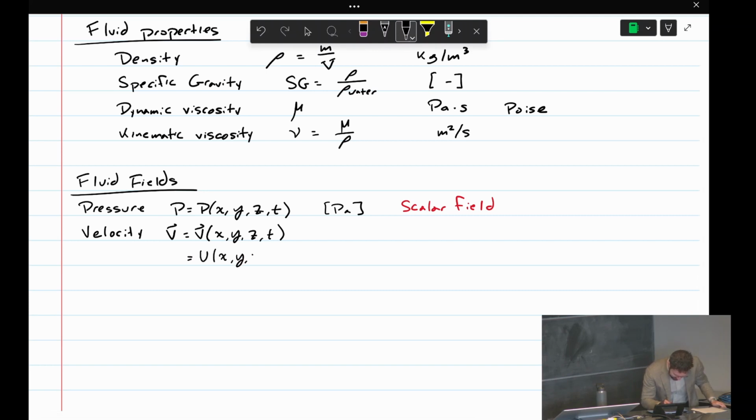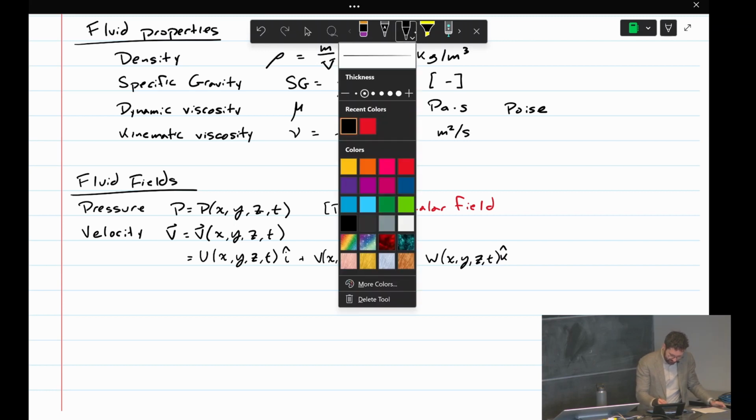So u of x, y, z, t, i hat plus v of x, y, z, t, j hat plus w of x, y, z, t, k hat. And that is a vector field.